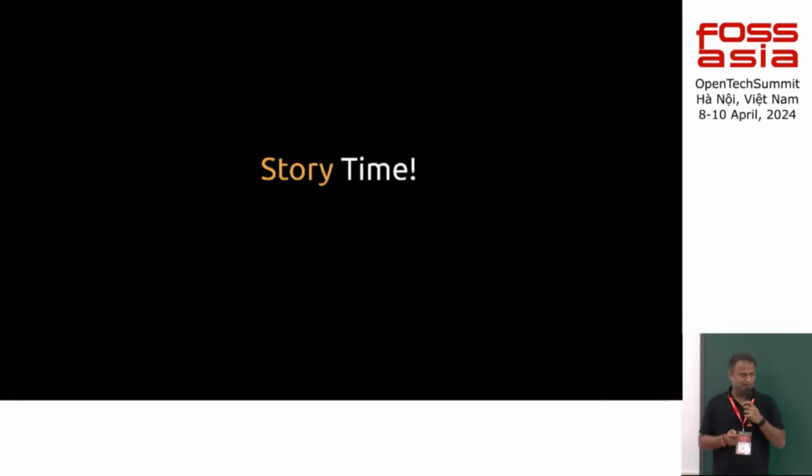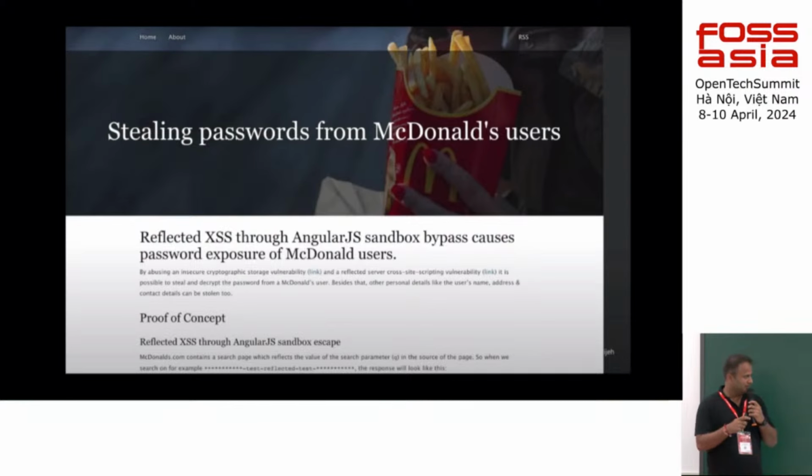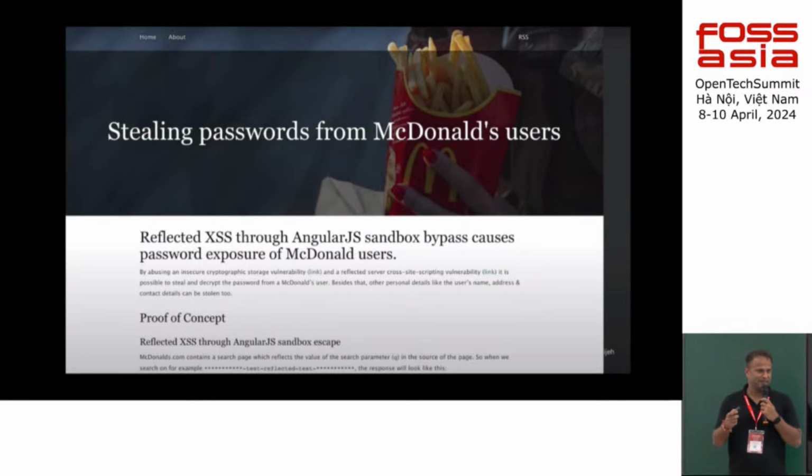Little story time. This particular instance was an issue with McDonald's website. Everybody knows what McDonald's is, and we always eat from there. But they also have a website where a user can place an order online, and for that you have to create an account. What the particular person found was a vulnerability using the AngularJS sandbox bypass, where whatever password you set on the website would be stored on the browser itself.